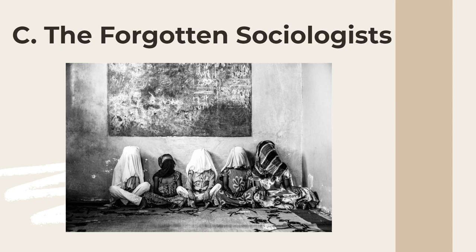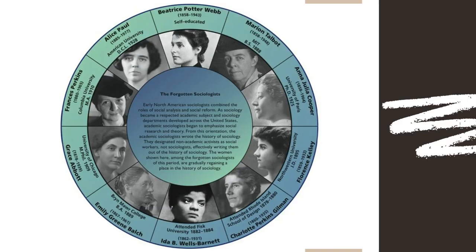Now, I would like to discuss several forgotten sociologists whose contributions were quite important, but were not recognized, and it wasn't until much more recently that we're now digging into their works and uncovering, wow, they did a lot of amazing things for sociology.